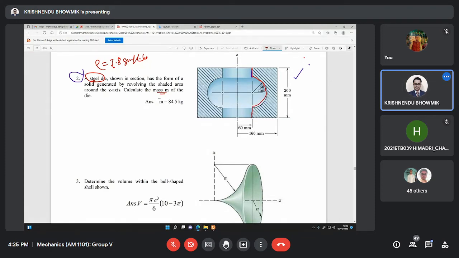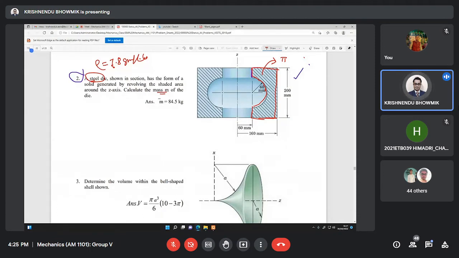If you want to revolve this shaded area, to get it you have to revolve by 180 degrees, pi. Only pi is enough, not 2 pi, then you will get the complete one. So you have to calculate the mass.